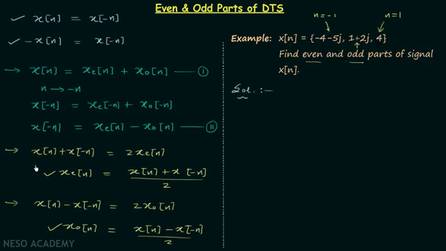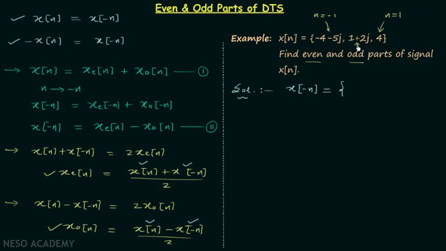You can see that to calculate the even part we need x[n] and we need x[-n], and to calculate the odd part we need x[n] and x[-n]. x[n] is given in the question, so let's quickly calculate x[-n] after performing the time reversal on x[n]. And we know how to perform the time reversal.